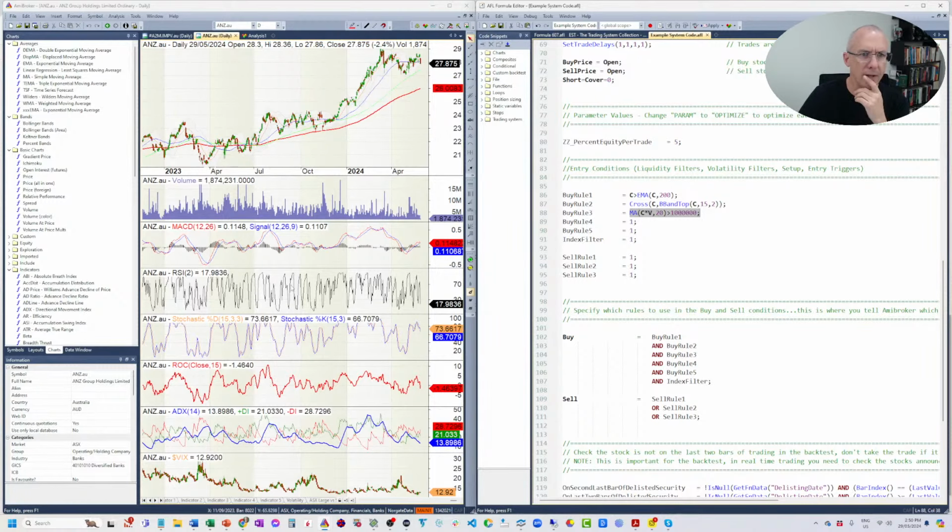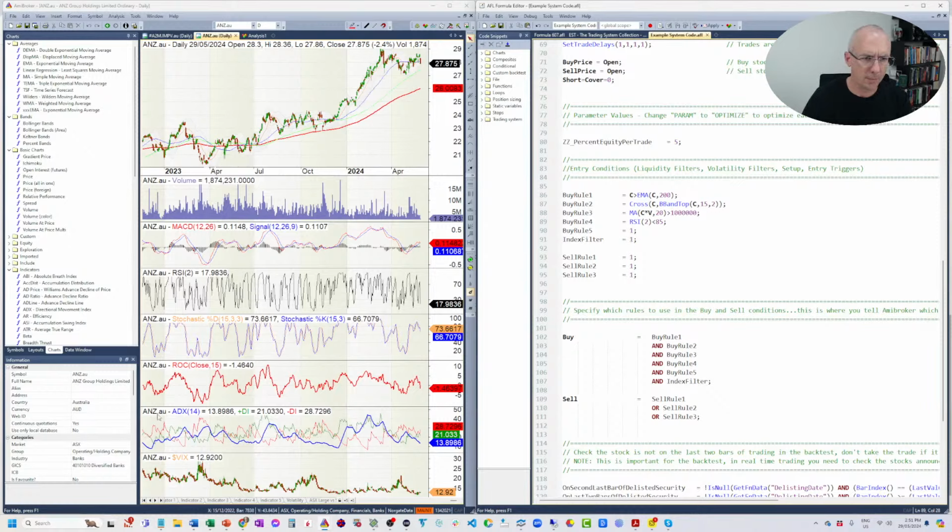All right, so RSI, some people might say, well, I don't want to buy a stock if the RSI is overbought. So let's say we want to have a filter that says the RSI 2 is less than, I don't know, some number, 85, because we don't buy when it's super overbought.